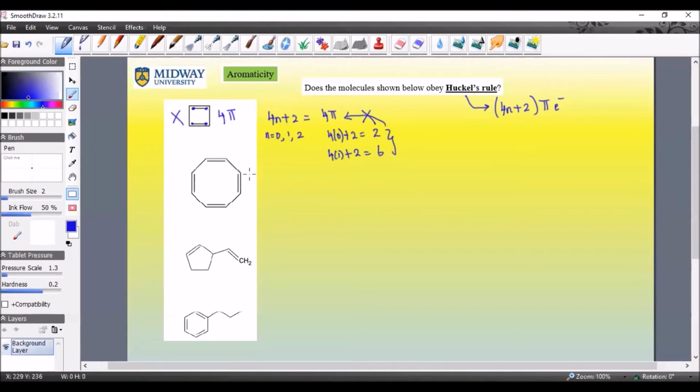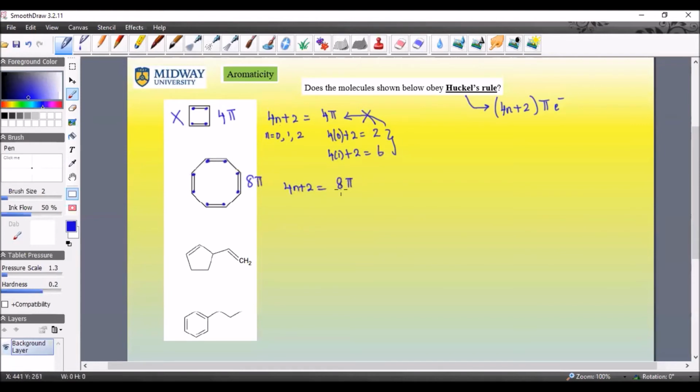Huckel's rule, right? Let's take this one. Here we got 1, 2, 1, 2. We're only interested in the pi bonds, which are the double bonds. Pi is just an alternate name for double bond. So we have a total of 8 pi electrons. So 4n plus 2 equals, we want to get 8 out of this, right?